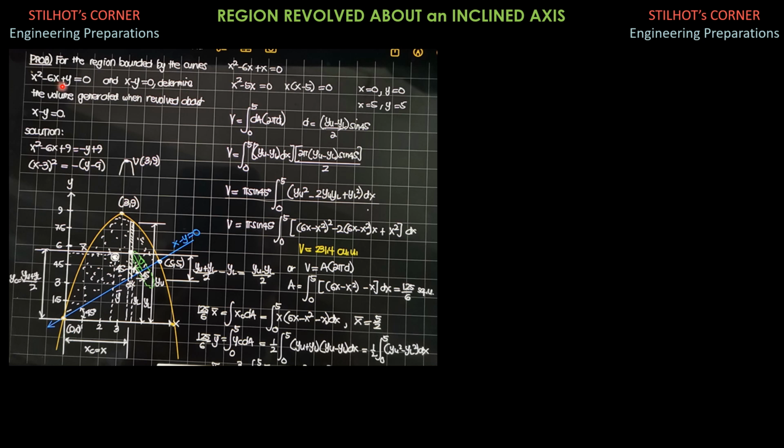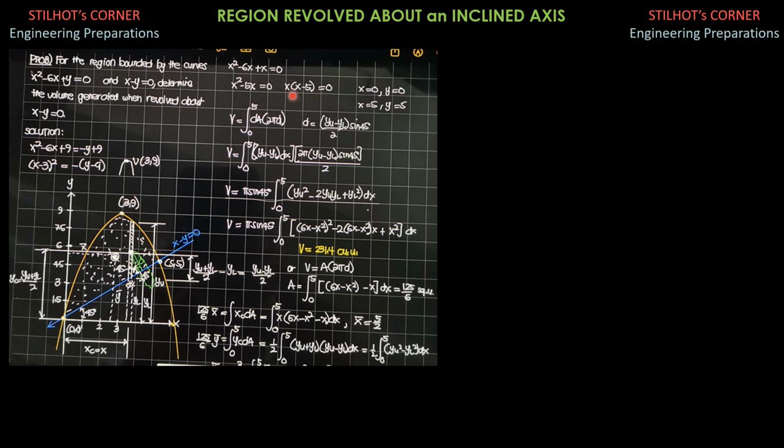So since y equals x, from this equation here, we replace y by x, so x squared minus 6x plus x equals 0. So x squared minus 5x equals 0. Factoring out x, then we have x times quantity x minus 5 equals 0.